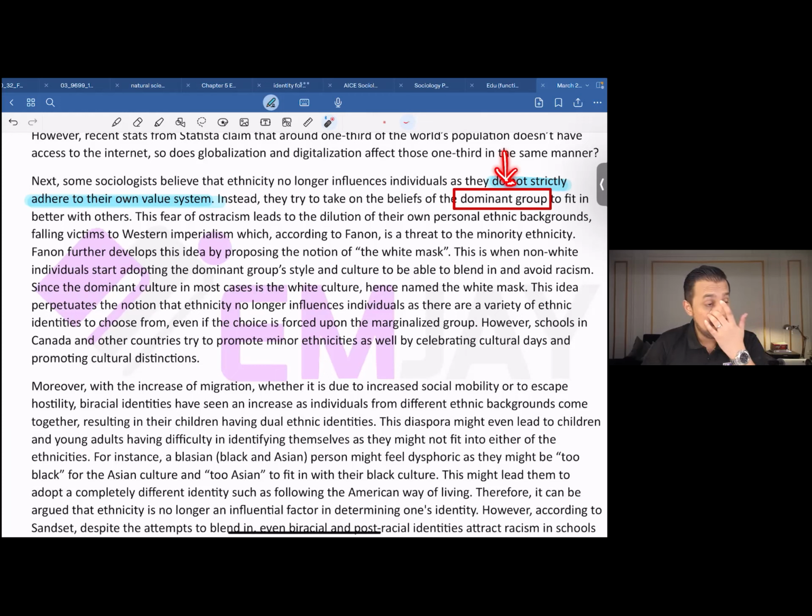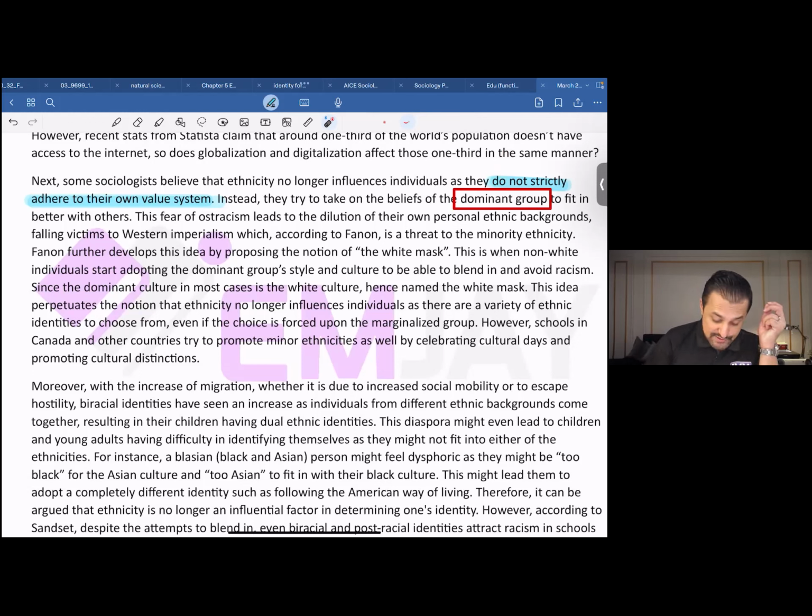I'm not saying you do, I do, but by and large. I know there are many countries who very strictly refrain from this, but by and large, we see individuals across the globe adapting to the European or the American culture, right? The Western culture. Instead, they take on the beliefs of the dominant group to fit in better with others.